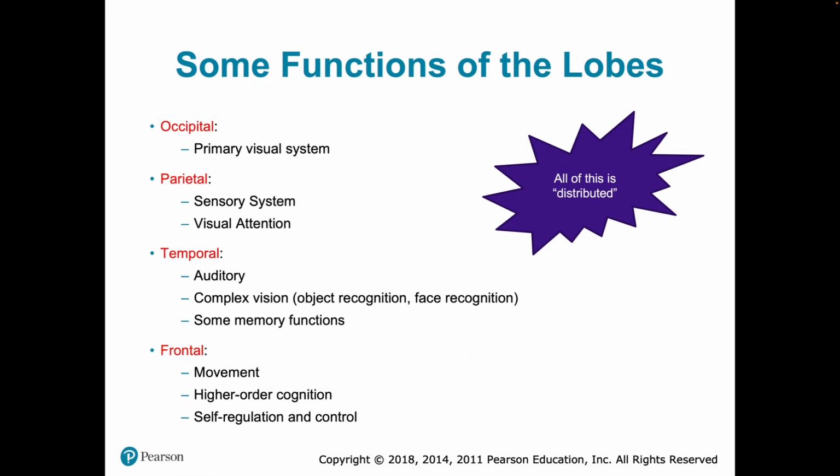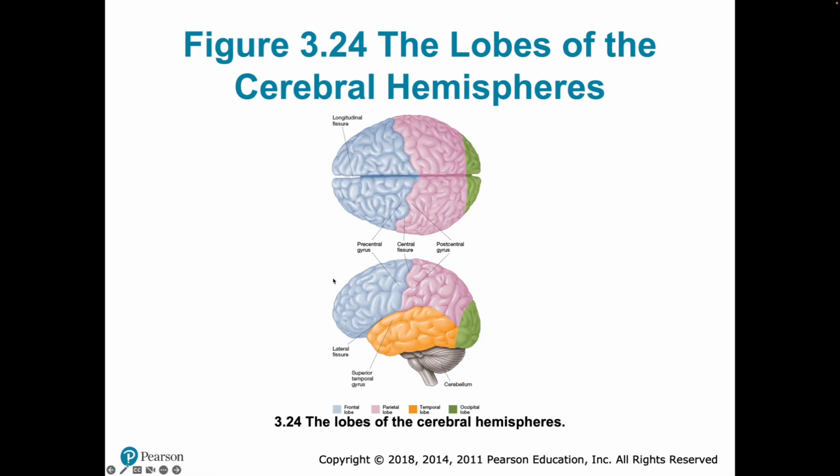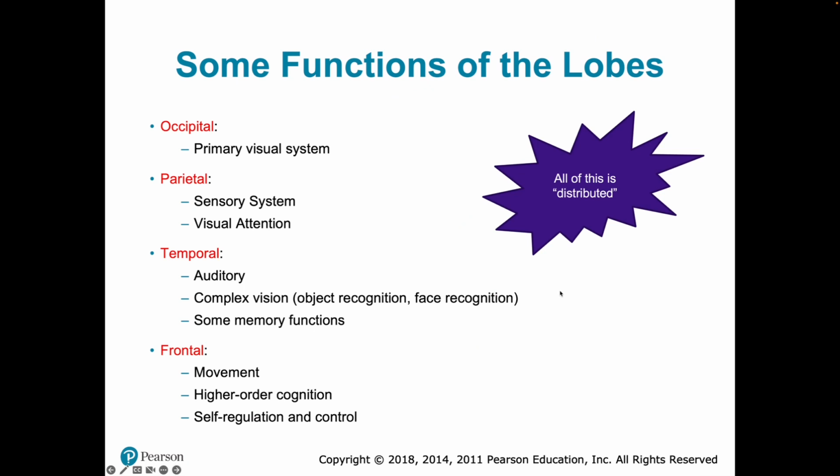The parietal lobe, which sits just anterior to the occipital lobe, is going to include your sensory system. There's a band of structures along the parietal lobe, what's sometimes referred to as the postcentral gyrus, that allow us to sense touch in different parts of our bodies.